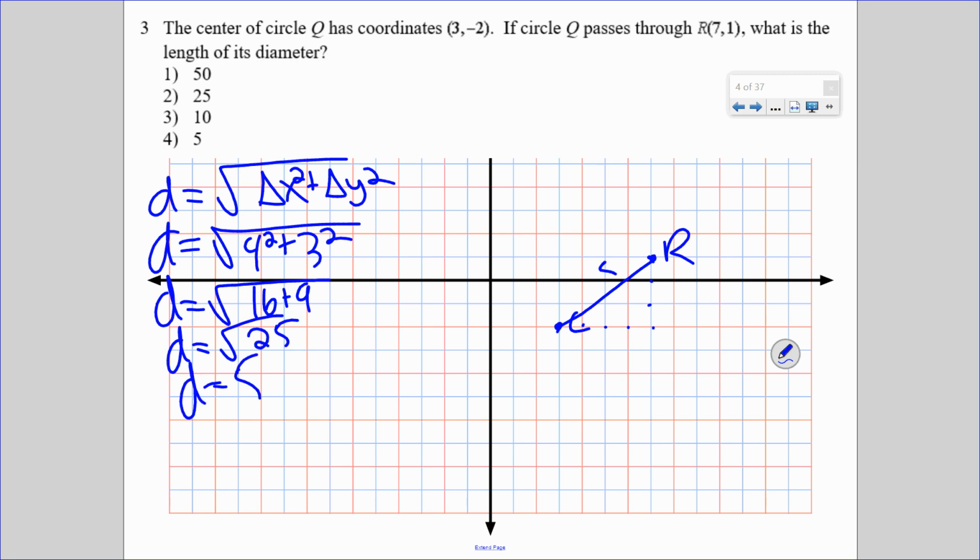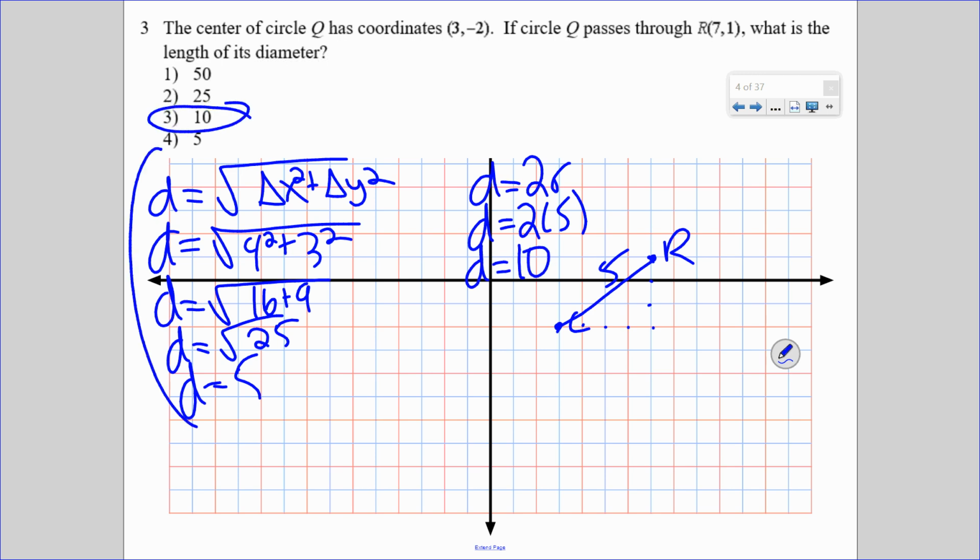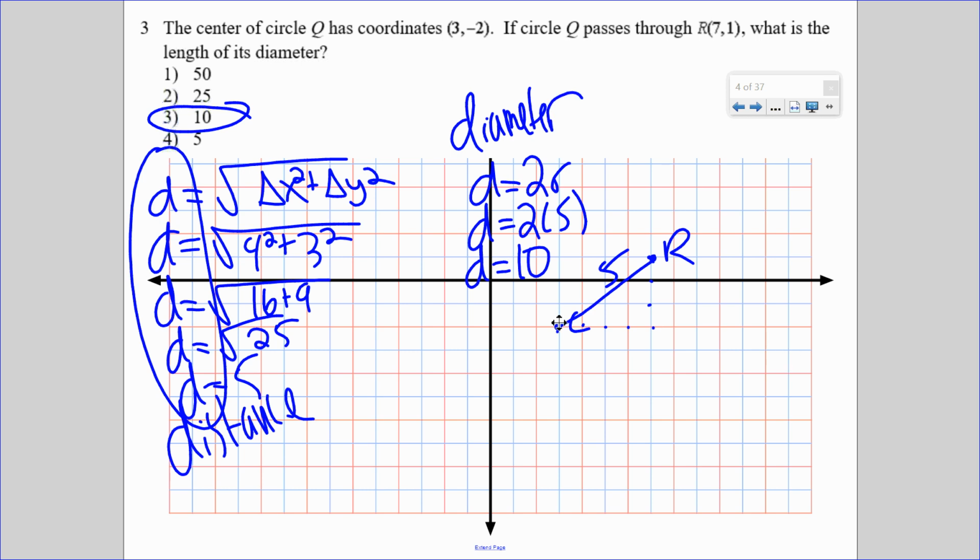The radius is 5. If the radius is 5, diameter is 2 times the radius. The diameter is 2 times 5, which is 10. If the D and the D get confusing, this is distance. This is diameter. Use a graph. It makes everything a lot easier.